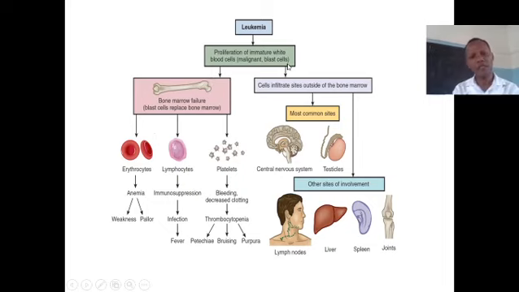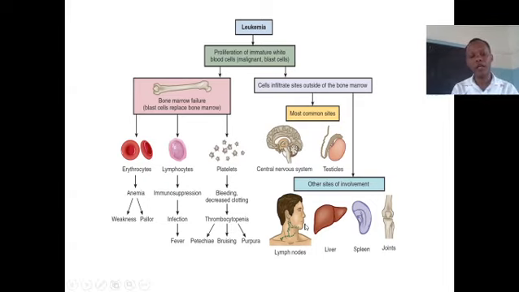Ikija side nyingine ya cell infiltrate sites outside the bone marrow, na most common sites ni central nervous system involvement and testicles. Inakuja tena sehemu nyingine, other sites of involvement, yani it has moved from its original site.